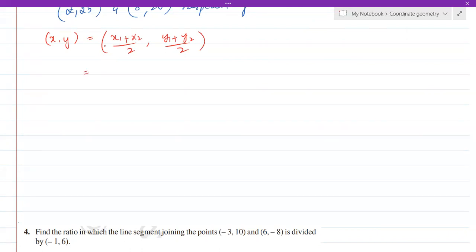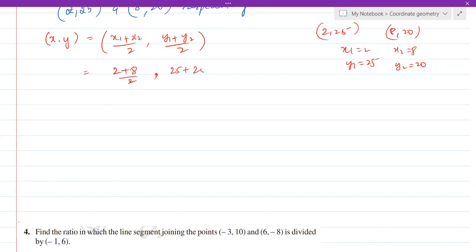So what is the x1 value? As you can see, the coordinates of Niharika are 2 comma 25 and Preet is 8 comma 20, isn't it? So very clearly x1 is 2, y1 is 25, x2 is 8 and y2 is 20. Let's substitute. x1 is 2 plus x2 is 8 divided by 2, comma y1 is 25 plus y2 is 20 divided by 2.